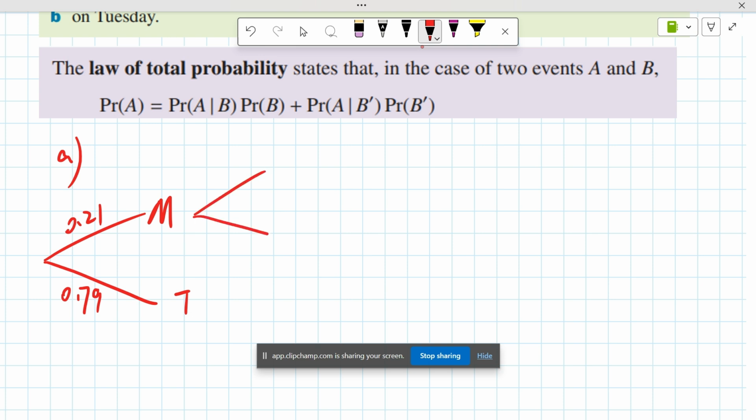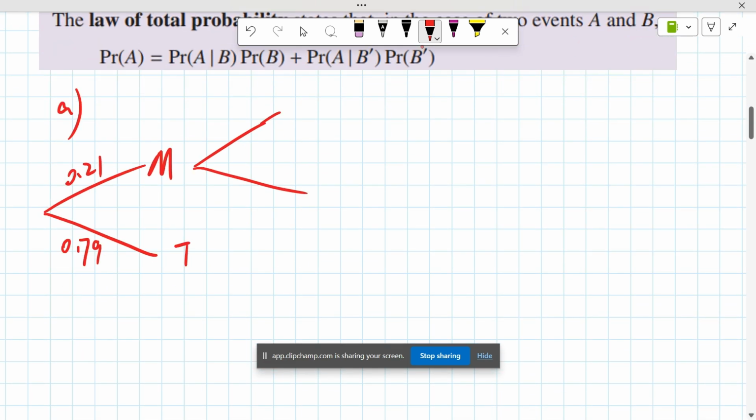And the second branch: if you rain on Monday, will it rain on Tuesday? Sorry, my bad. If it rains on Tuesday, it will be 0.83. So given rain on Monday, rain on Tuesday is 0.83.